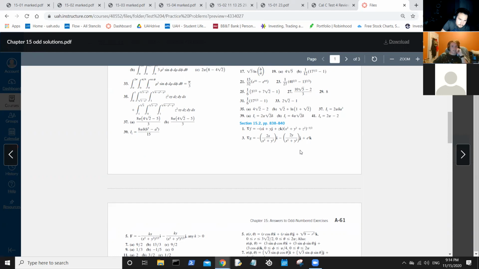No. If we were to write this out as a formula, this would be partial f. I feel like we used this in the homework. Well, we definitely did.